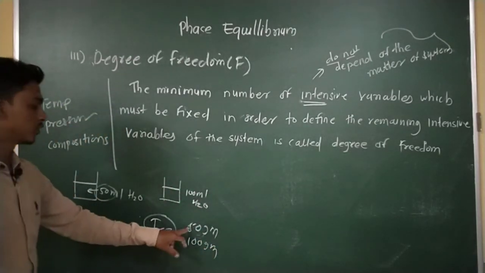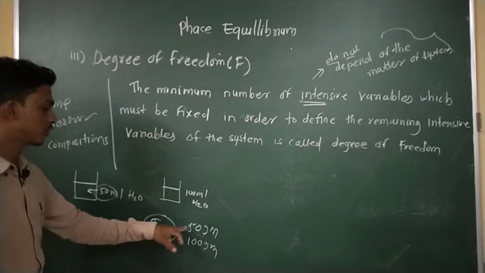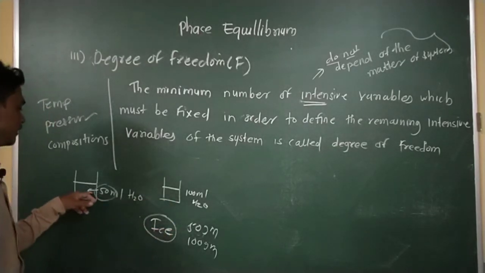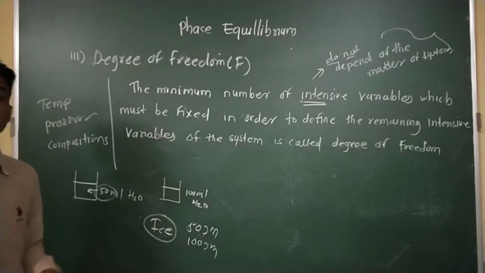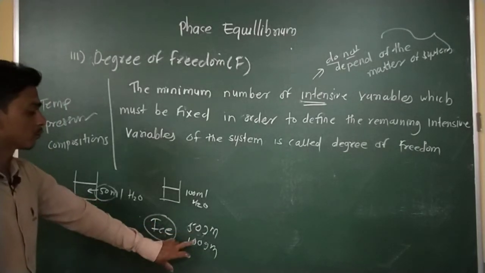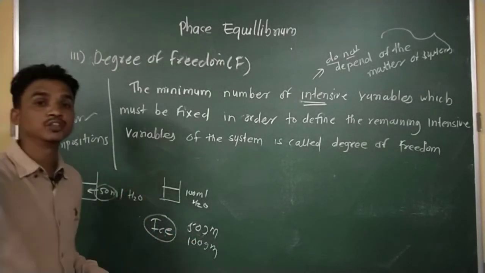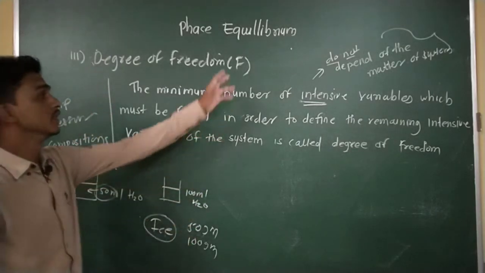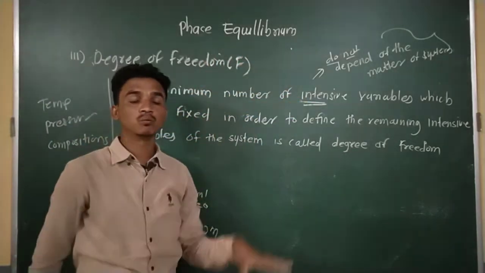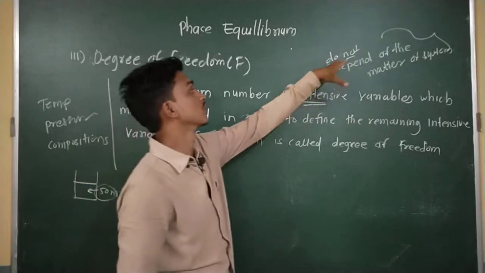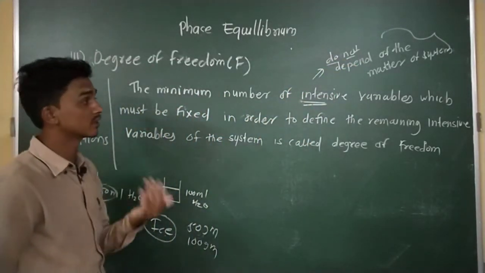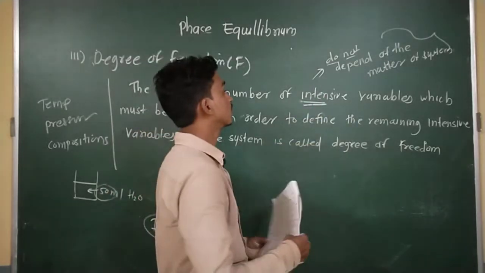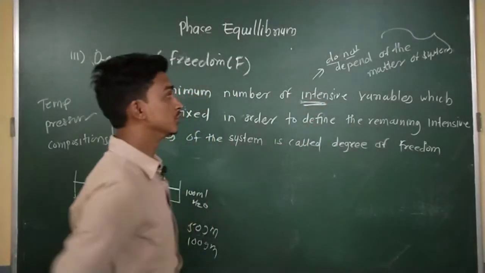The melting point of this ice is the same, for 50 gram and 100 gram. That means melting point is an intensive property. The intensive property does not depend on how much quantity of matter is present in the system. That property we call an intensive variable.